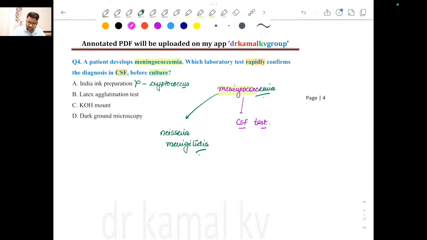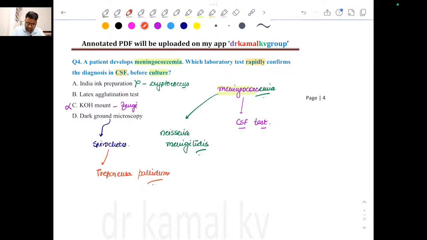Then suppose we do not know anything about B, so we can exclude it. KOH mount, it is for fungi, so we can exclude this one also because Neisseria meningitidis is not a fungus. Then dark ground microscopy, this is especially for spirochetes like Treponema pallidum, which is for syphilis. Clear?